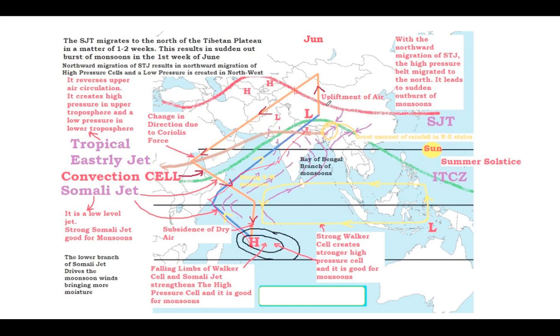So the coverage of snow is inversely proportional to the formation of TEJ. If less coverage, more heating, that means stronger the TEJ. Again, this particular concept is already asked in CSIR, and maybe in future they can ask some questions based on this.